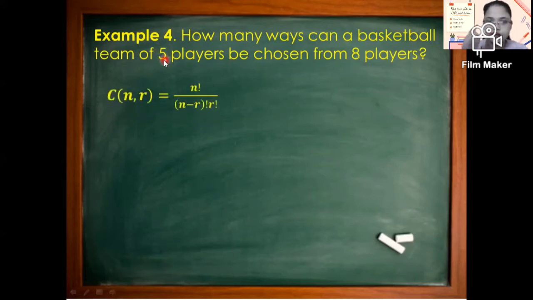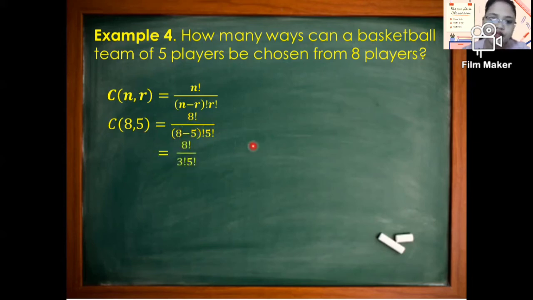So this is again the formula for combination. Substitute the value to the formula. Value of N is 8, value of R is 5. So you have 8 factorial over, value of R is 5, so that is now 8 minus 5 factorial, 5 factorial.